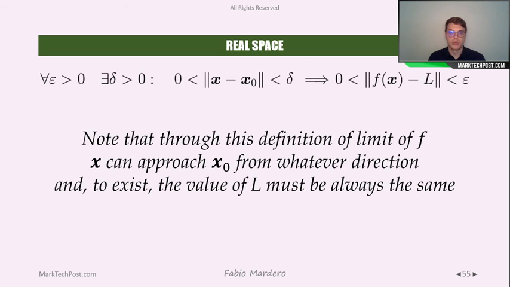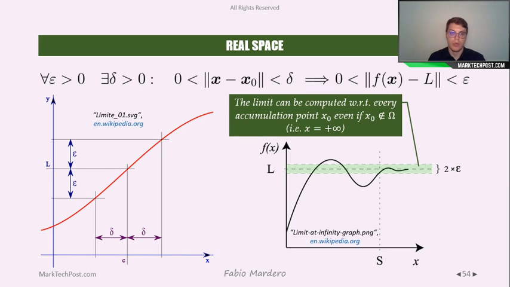Note that through this definition of limit of f of x, x can approach x0 from whatever direction, and for the limit to exist, the value of L must always be the same. Looking at the left image, we can approach c and then L using points from the right to the left or from the left to the right.